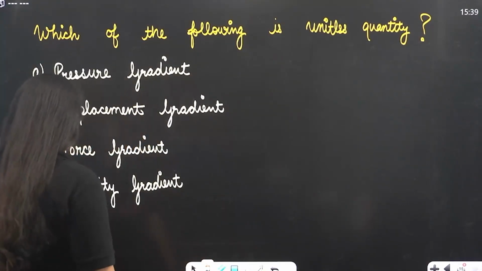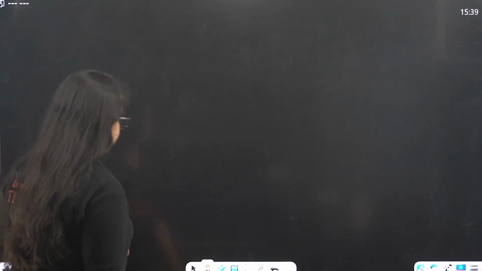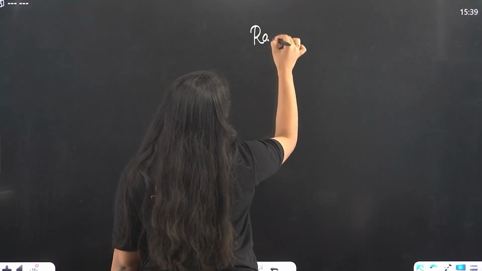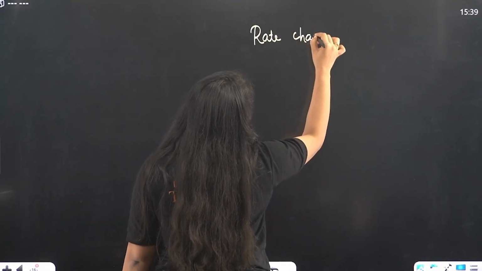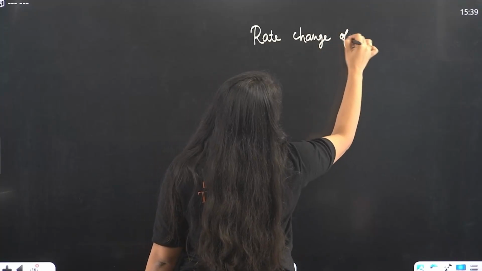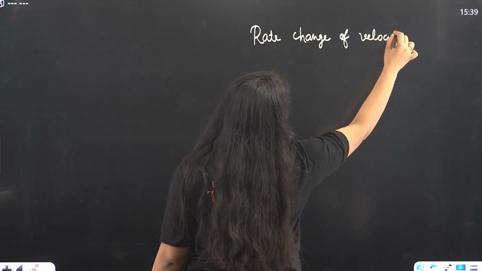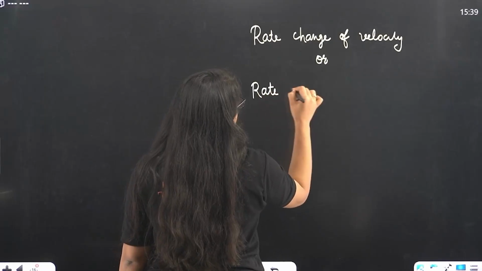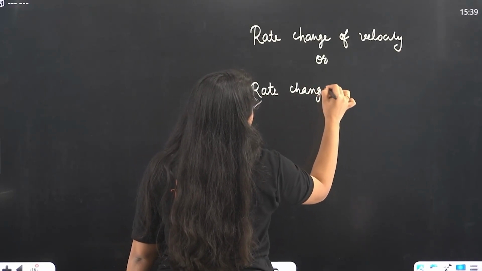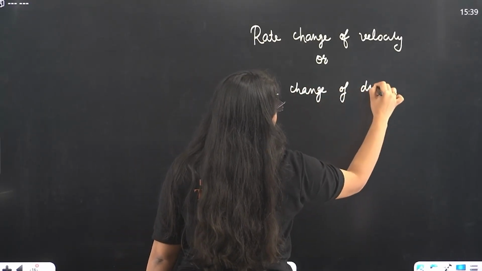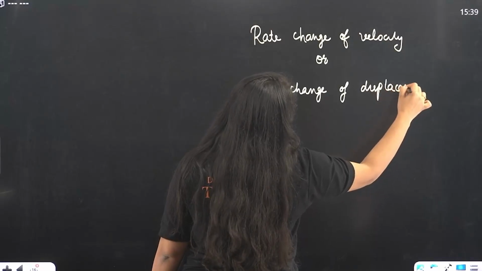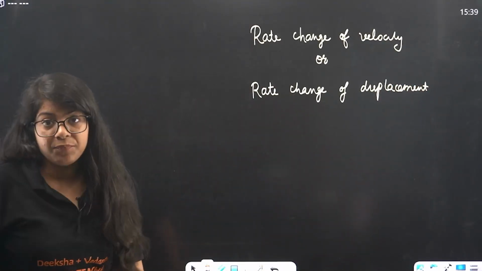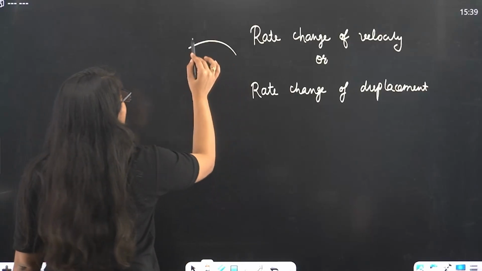Whenever we talk about rate, right, we studied about rate change of velocity, or we studied about rate change of displacement. That means all these quantities are getting divided by time.